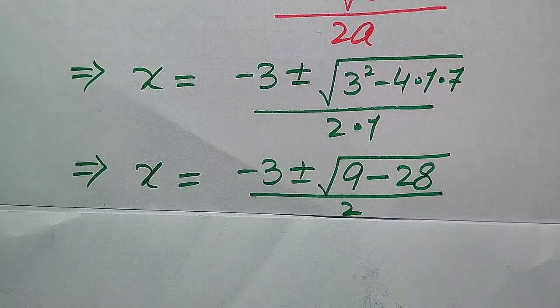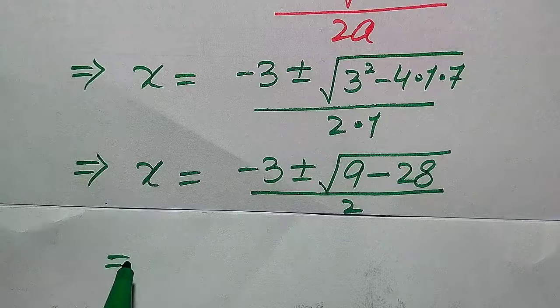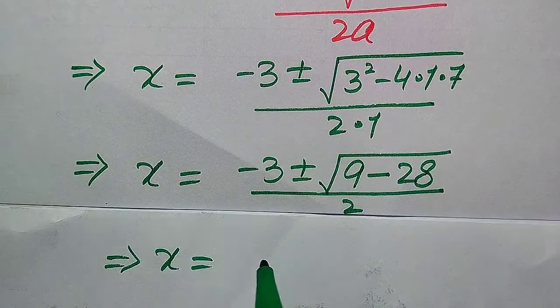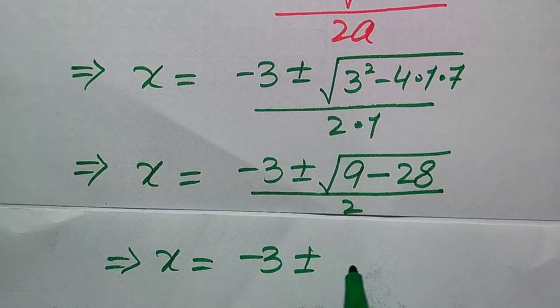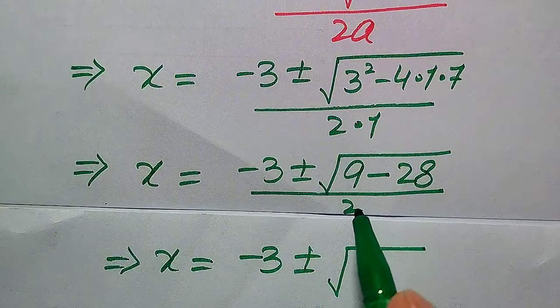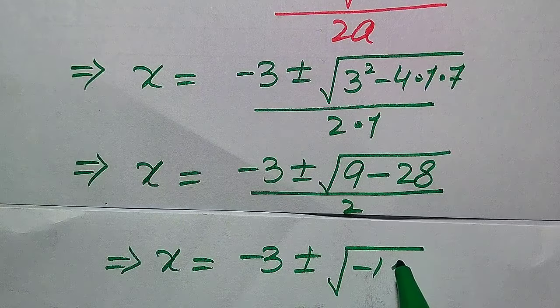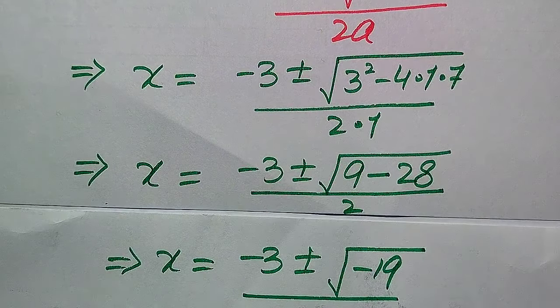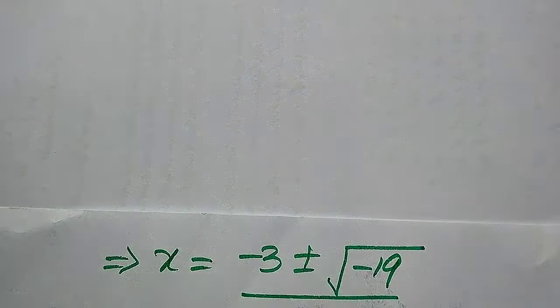So it becomes minus 3 plus minus square root of minus 19, divided by 2.